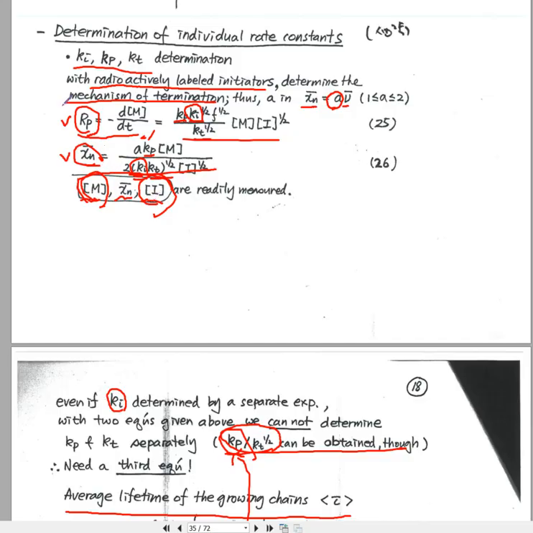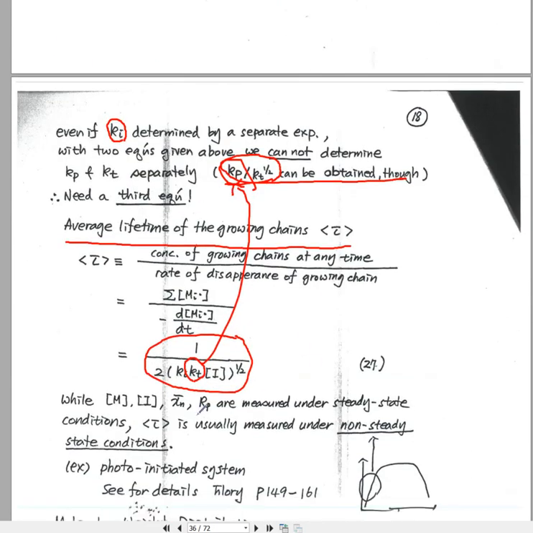Based on these experimentally determined values, we can determine Ki easily, but determining Kp and Kt separately is not quite easy based on only these measurements. So by measuring this average lifetime, we can determine Kp and Kt separately too.